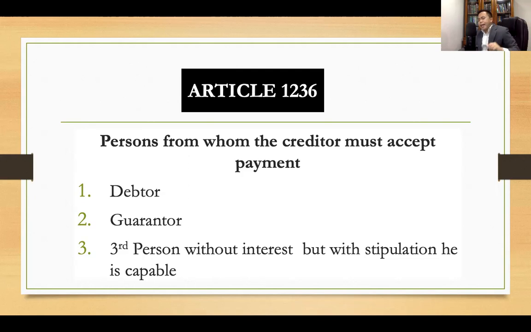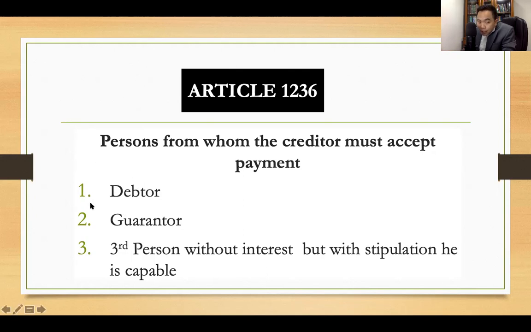If for example, the contract will provide that the creditor is bound to accept payment from a third person who has no interest in the obligation, can the creditor be compelled to accept the payment? Yes, if there was an agreement between the parties in the first place. So the debtor can compel the creditor to accept the payment of a third person who has no interest in the obligation if there was a stipulation in the first place.